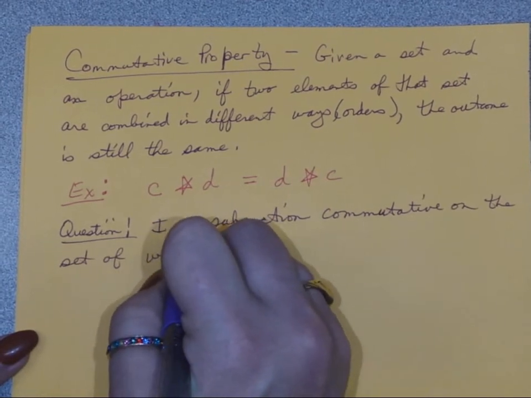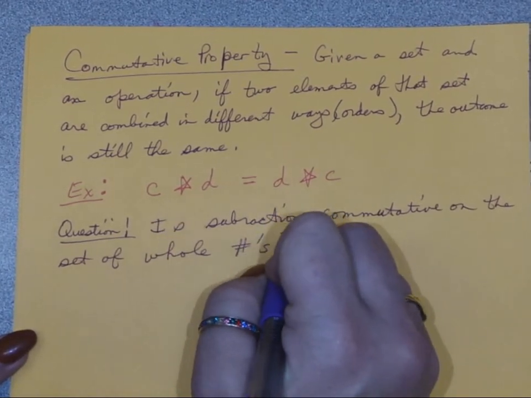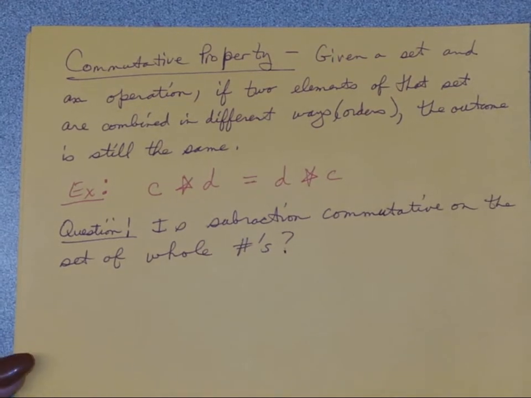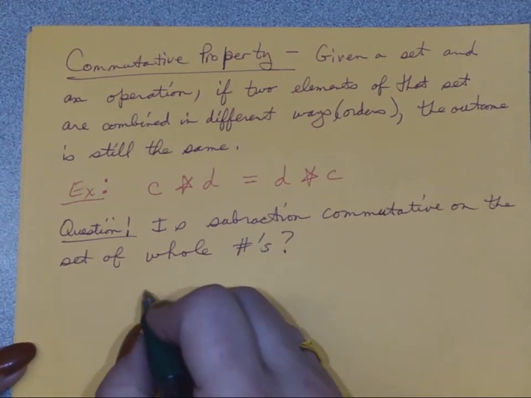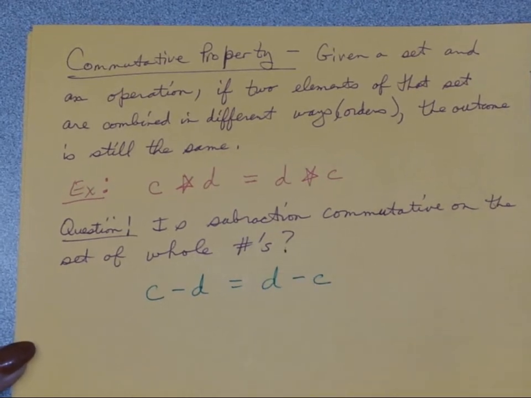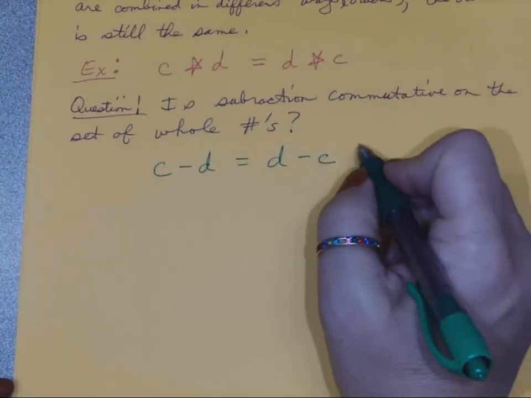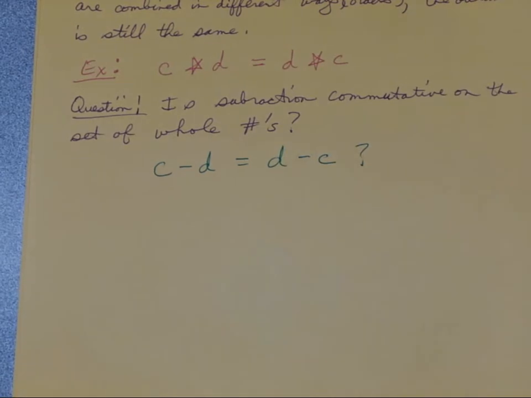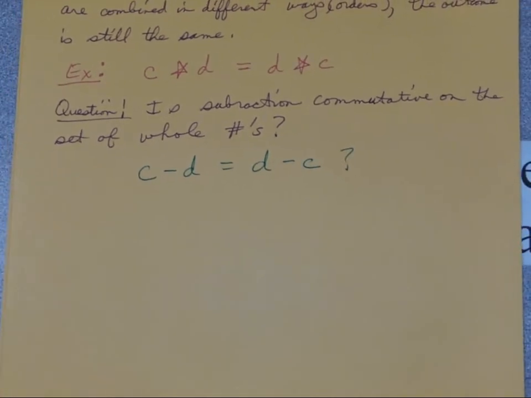We did it a second ago, whole numbers. What that means is, can I do C minus D and get the same answer as if I did D minus C? I want to know that. They're asking, is it? And I want to know, is it yes or no?